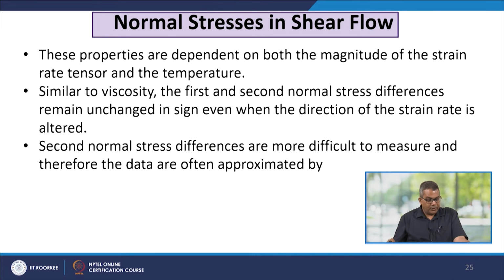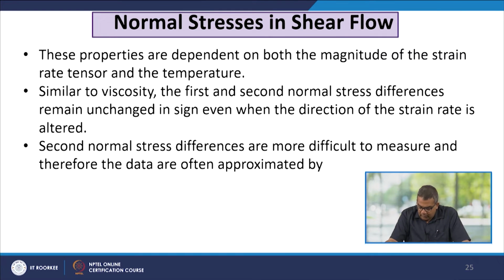Now, these properties are dependent on both the magnitude of the strain rate tensor and the temperature. Similar to viscosity, the first and second normal stress differences remain unchanged in sign even when the direction of the strain rate is altered.